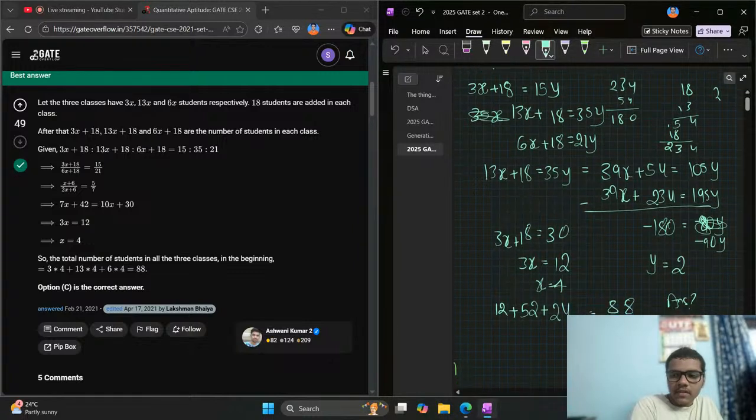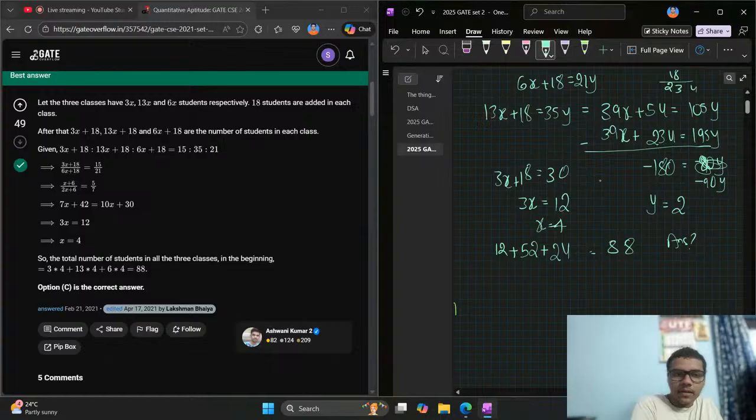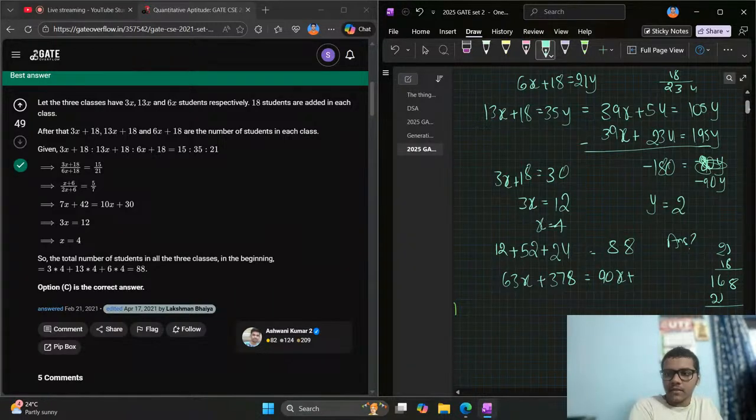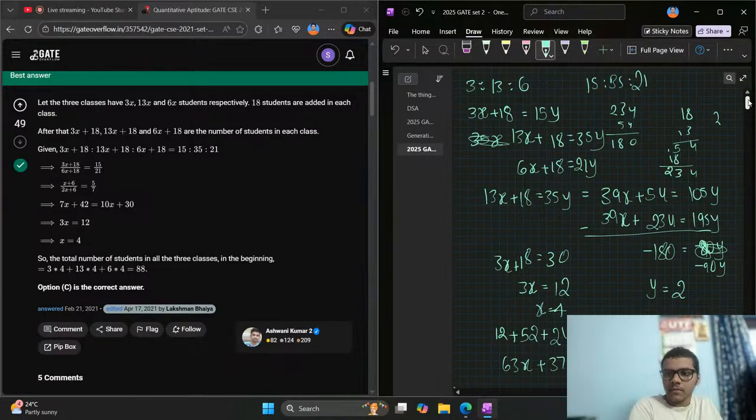If you do that, you still need two equations to equate. 63x plus 2118 is equal to 378, is equal to 1518. I think we did that, right?